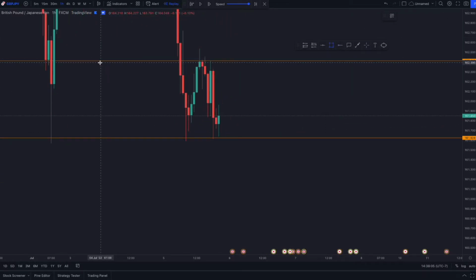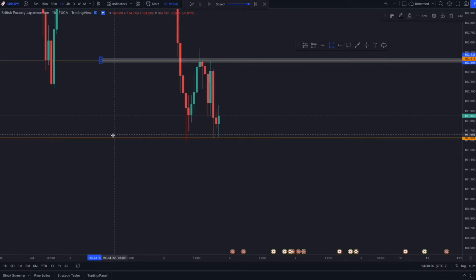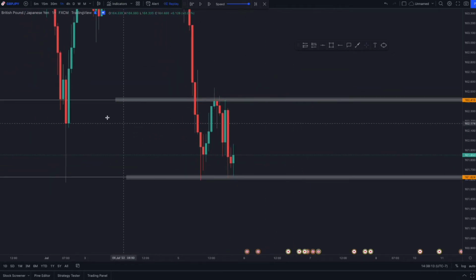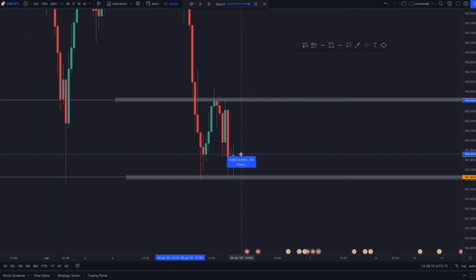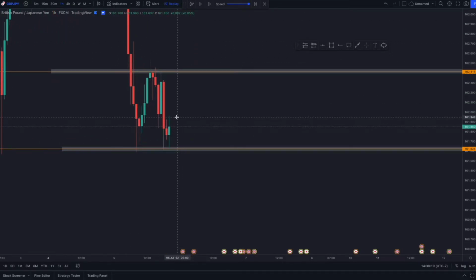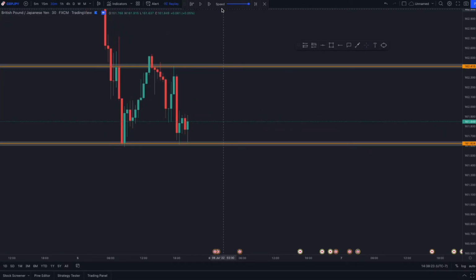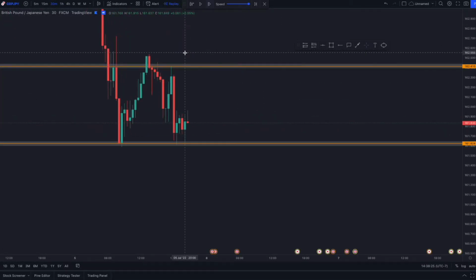Because if it makes support there, that's a good chance for buys. Like right now, you could possibly buy, but it's too early. So I'm waiting. I take trades before 1 hour. It's way too early to take any trades.